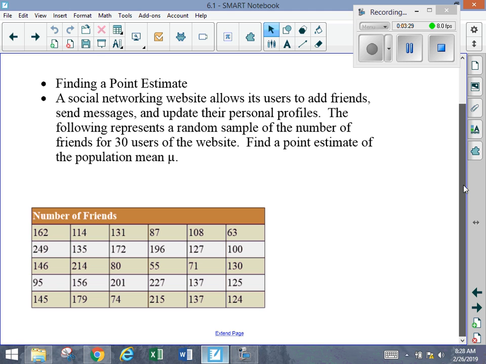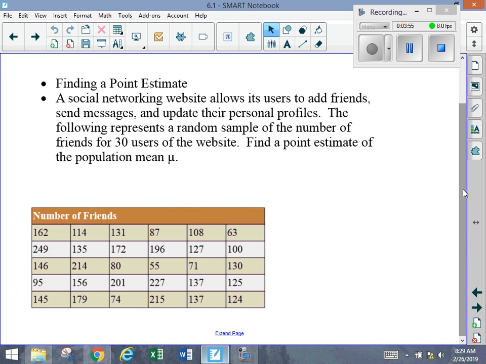Ooh, I guess we're going to have to do this one. Find a point estimate. You're going to find the mean of this, right? You guys all know how to find the mean. We can add all these and then divide by the sample size, right? So we just add each of these up and divide by 30. That would give us our sample mean. I don't really think that's something we need to do.